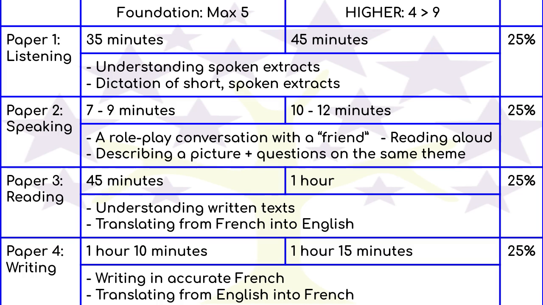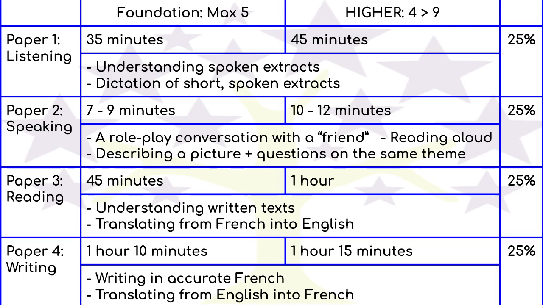What a surprise. The questions in there, the activities, there is a role play where it tells you the conversation you have to have, the things you have to say, an imaginary conversation with a friend. There is a section where you just have to read out loud. It will give you the text and you have to read it out loud with your best pronunciation.